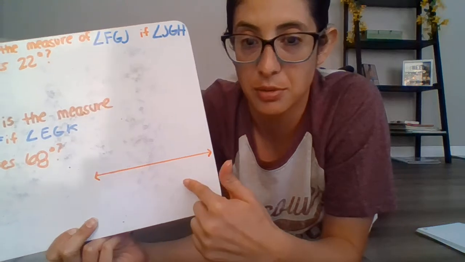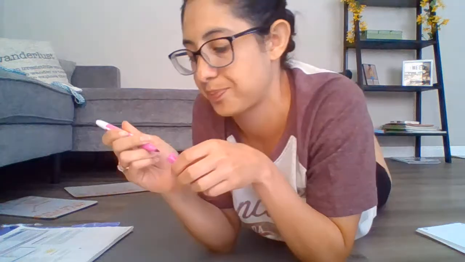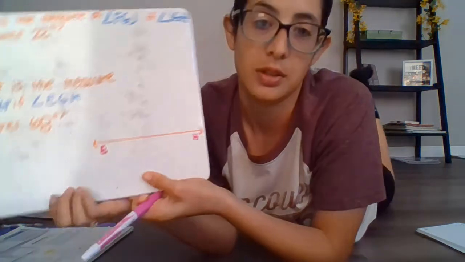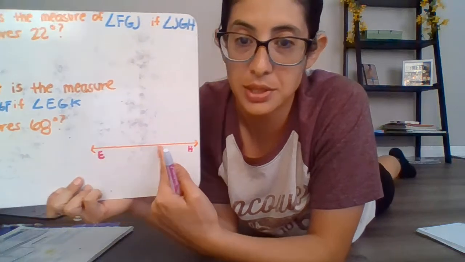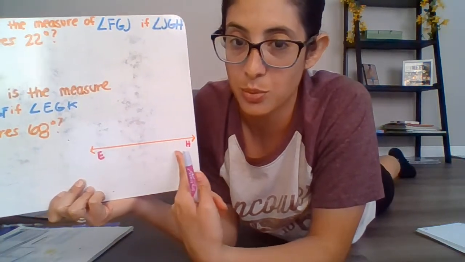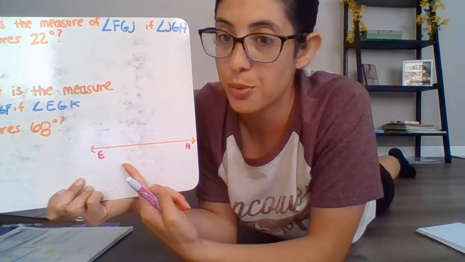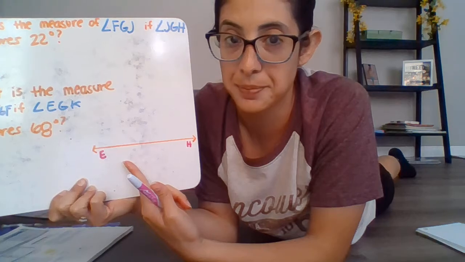So I'm going to start with a straight angle, okay, and I'm going to label it. This is point E, and this is point H. Do we know how many degrees are here right now? We should. A straight angle measures 180 degrees, right? Okay, let's keep drawing the rest of it.